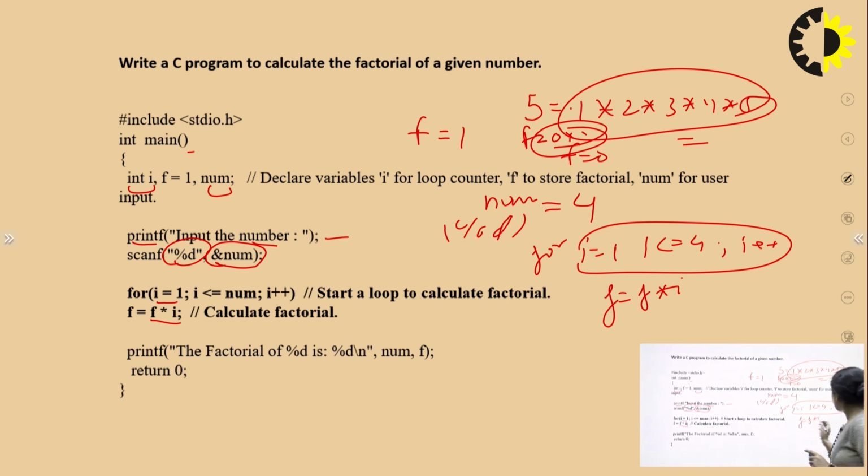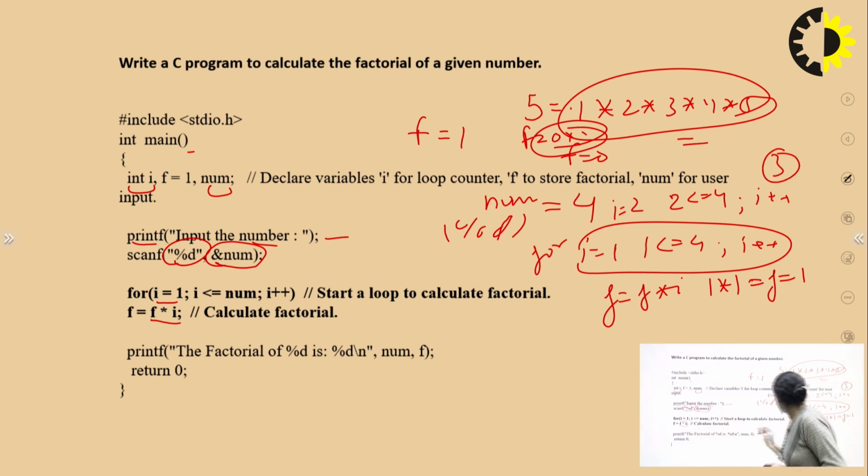That means, what is the value of f? First 1. 1 into, what is the value of i? 1. Now the fact has the value of 1. i plus plus. So now the value of i will be incremented to 2. Now i is equal to 2. 2 is less than equal to 4. Condition true. The value of i will become 3.